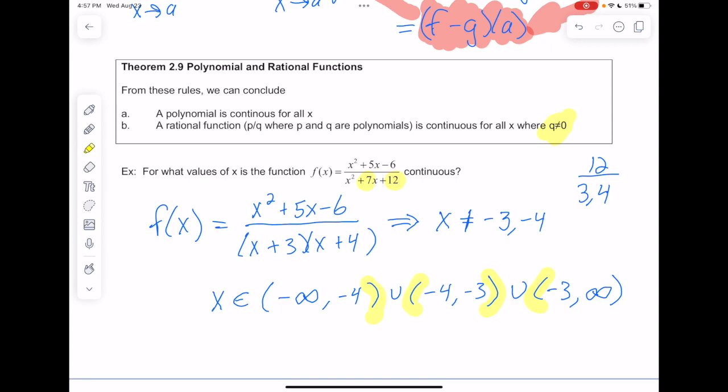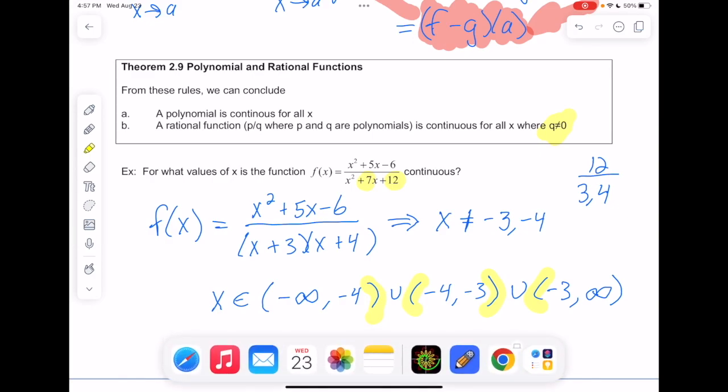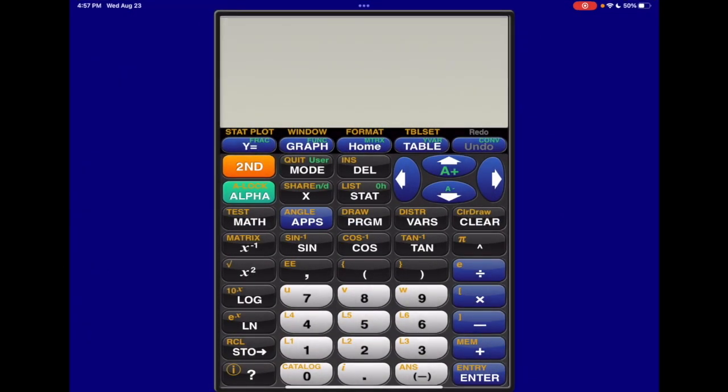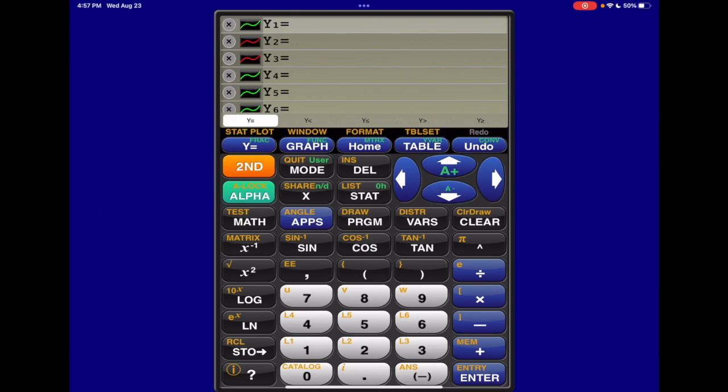Because we didn't factor the numerator, we can't actually tell whether those two discontinuities are asymptotes or holes by the work we've done. We could figure that out by factoring the numerator. Another way is to look at the graph. So let's go ahead and do that. We'll switch over to the graphing calculator, hit the y equals key, and enter our function in.